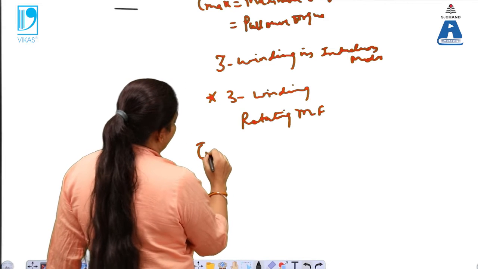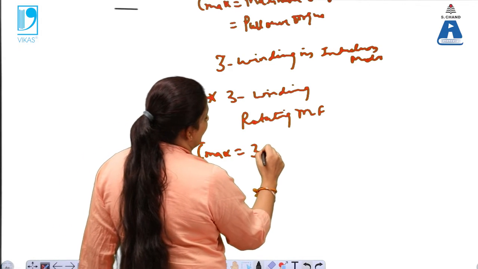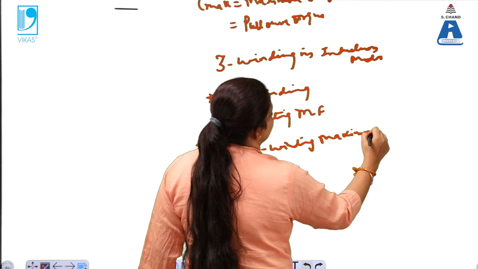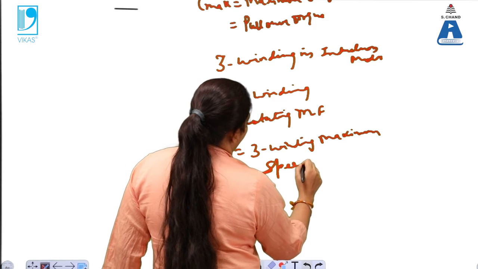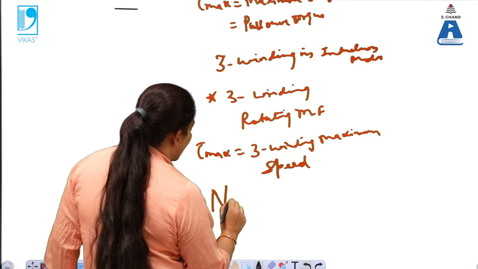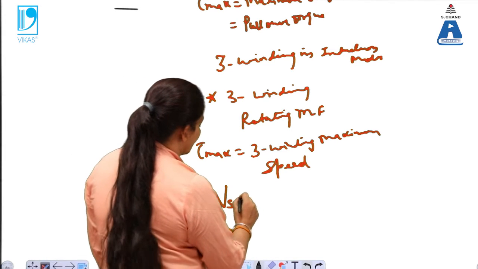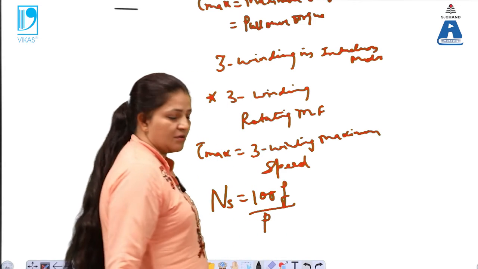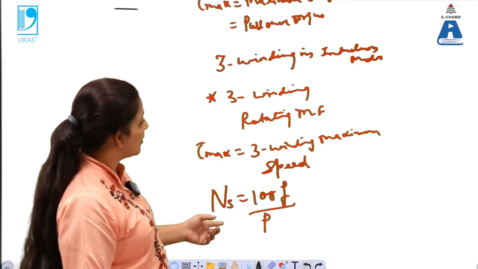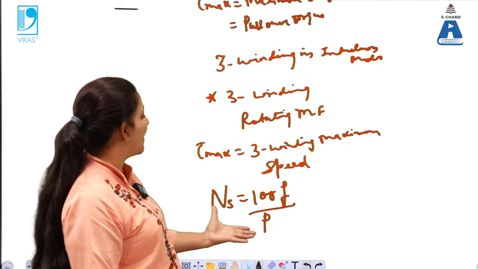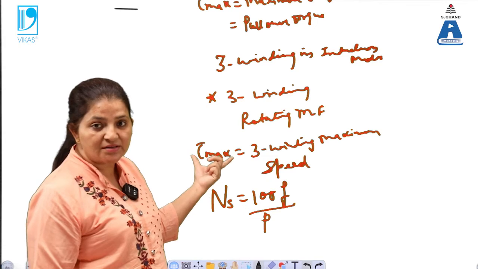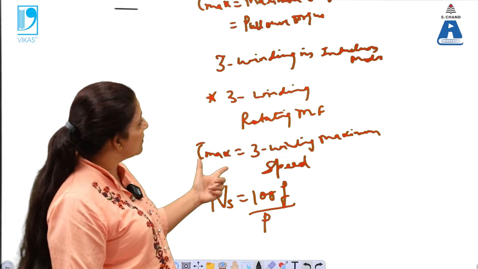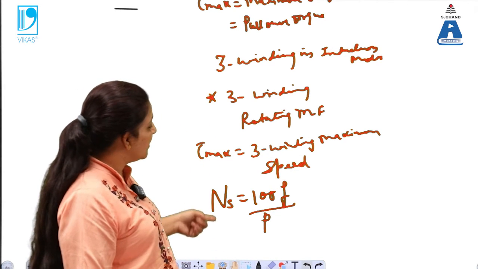At tau maximum, these three windings have the maximum speed, which is given by the relation Ns equals 120 f divided by P. This is how the speed can be calculated. So at T max, the three windings have the maximum speed and the maximum torque, while the slip is in the medium condition.